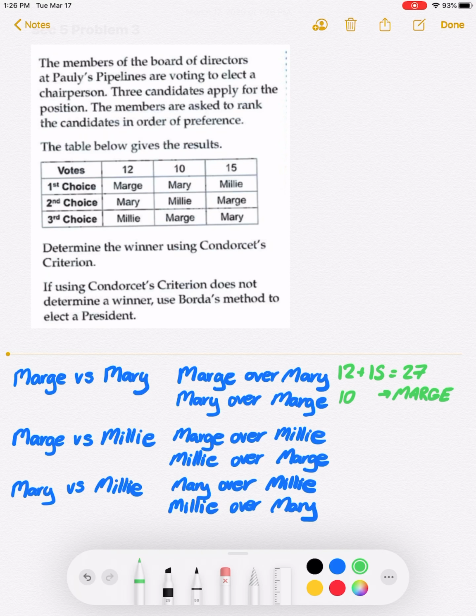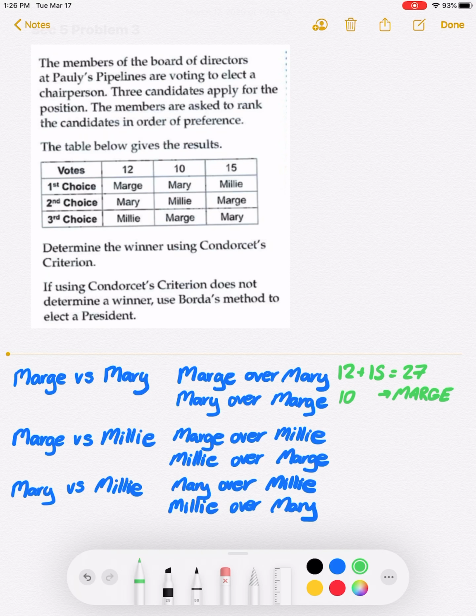So in total, Mary has the most, so she wins the third confrontation. Therefore, we can say that there's no winner by Condorcet's criterion, since they each win 1 confrontation.